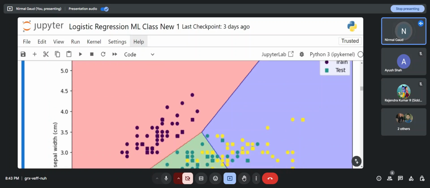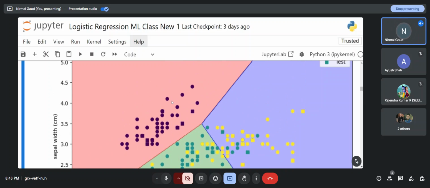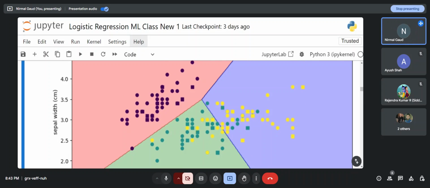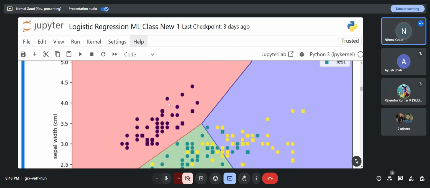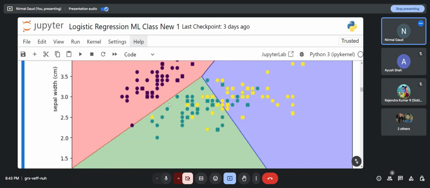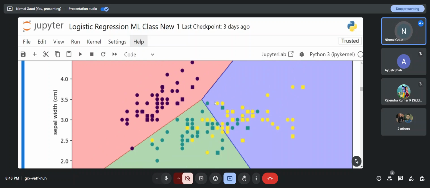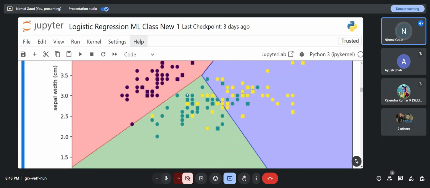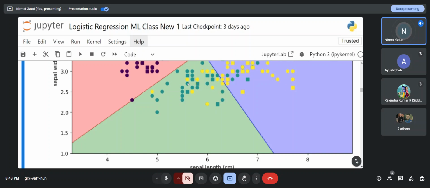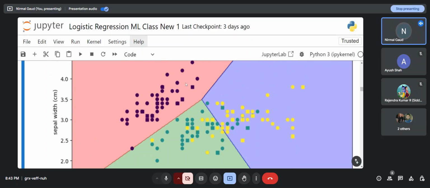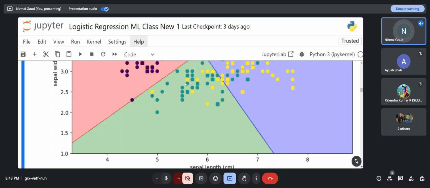Accordingly we have made these three regions, and we are putting the training and the testing values here on the contour. So whatever points you are getting now, it will be clear that these points are present in the red region, these points are present in the blue region, these points are present in the green region.